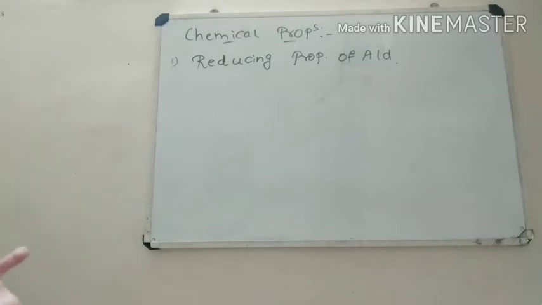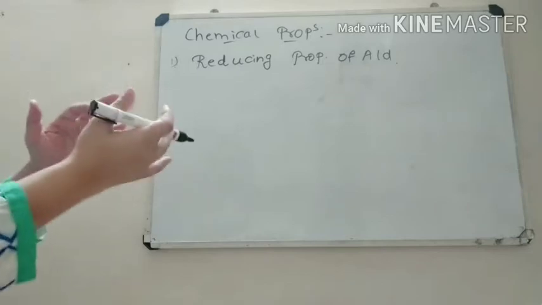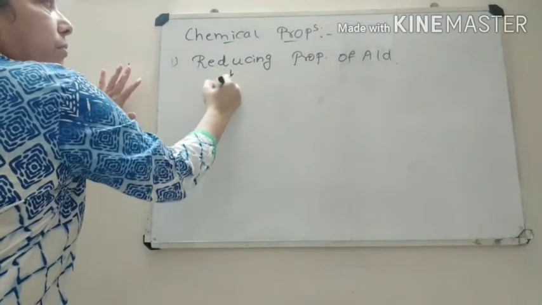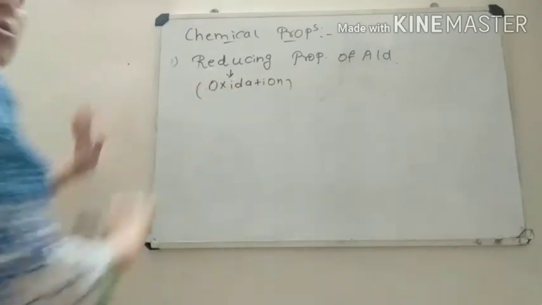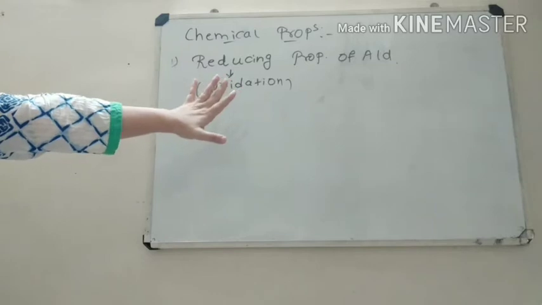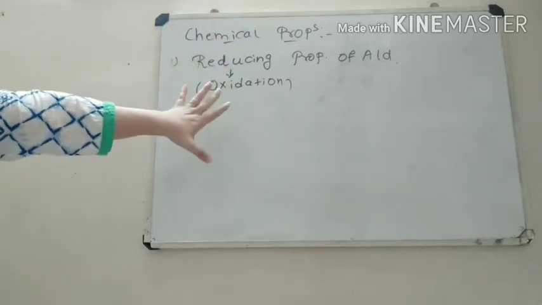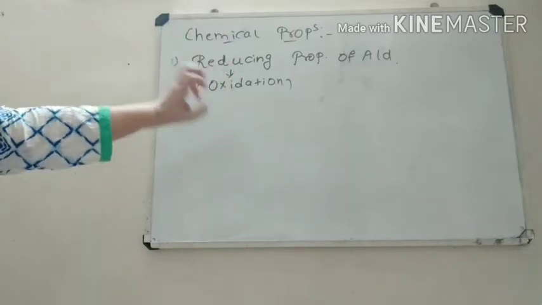It means the reducing agent; reducing property is nothing but oxidation. Now this reducing property is only shown by the aldehyde. It cannot be shown by the ketone.